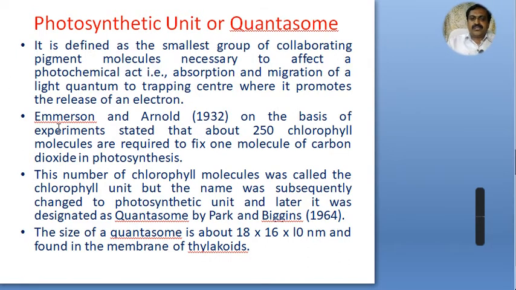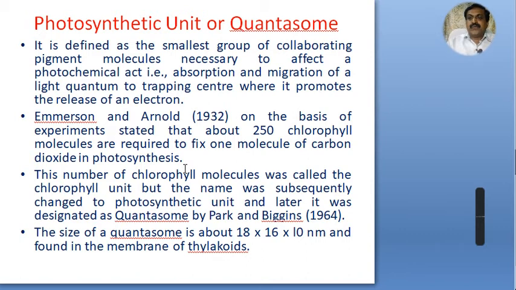Here come the two scientists, Robert Emerson and Arnold. Emerson and Arnold, 1932, on the basis of experiments, stated that about 250 chlorophyll molecules are required to fix one molecule of carbon dioxide in the atmosphere.